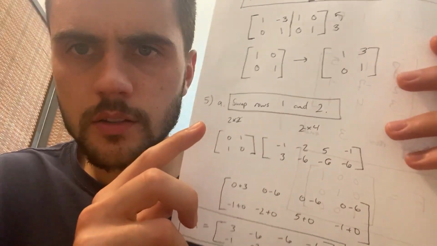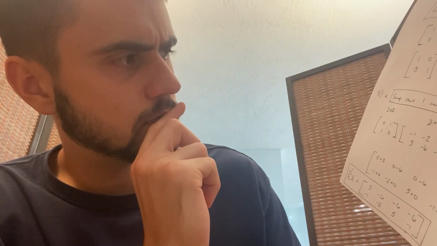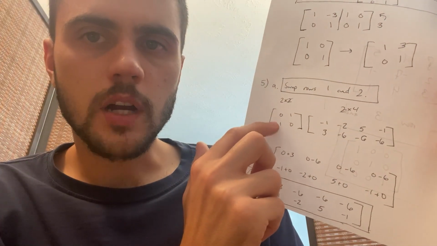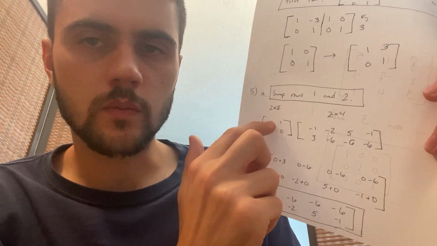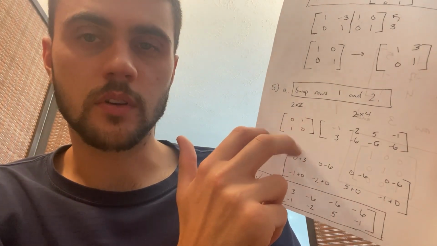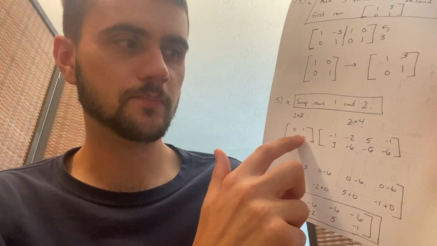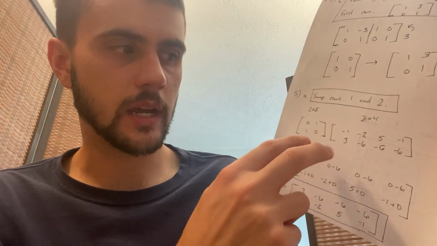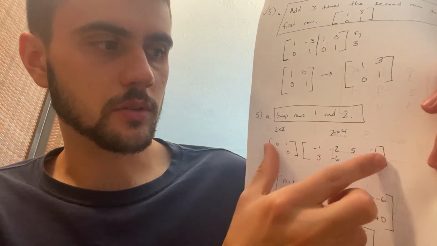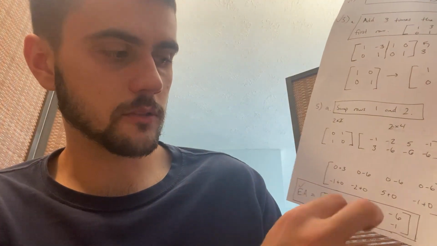Problem 5 was asking to find what elementary row operation this identity matrix underwent in order to get this, and then show that when you have E times A, the result is the same as performing the same elementary row operation on A itself, which we did.